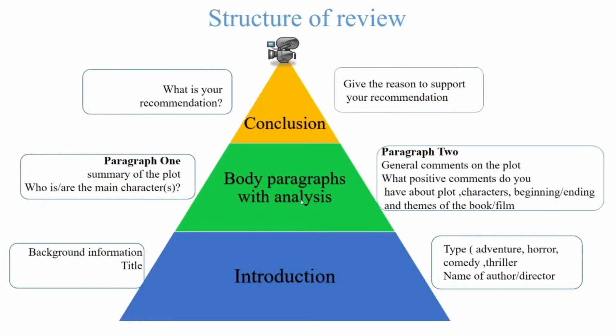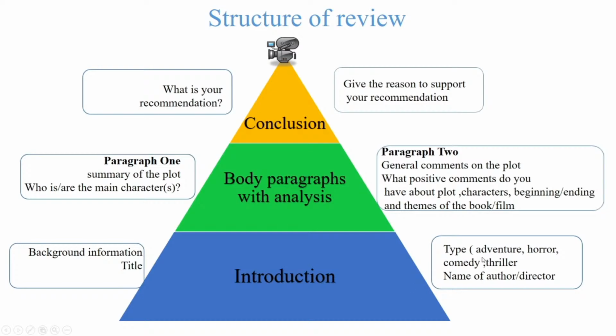Well, if you see the structure of the review that is presented here, this graph, it consists of 3 main parts. You see that it is introduction. And what can be included in the introduction? Here you give background information. So you should tell about the title, of course, how it is called.